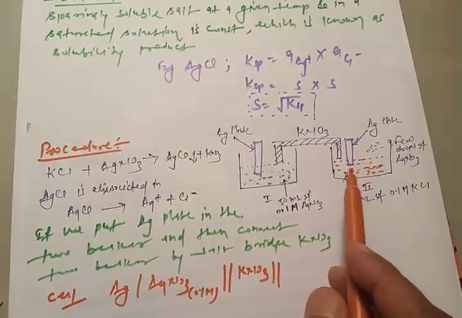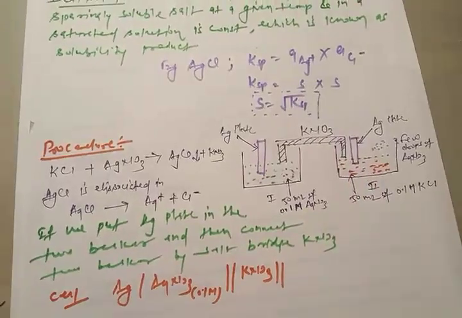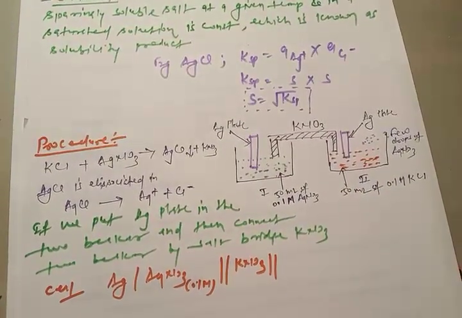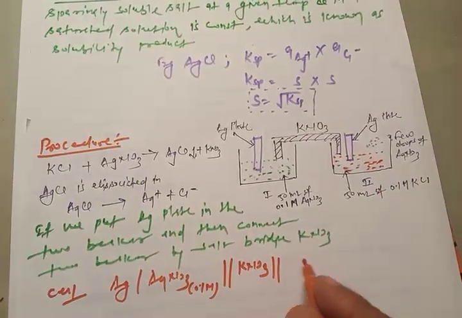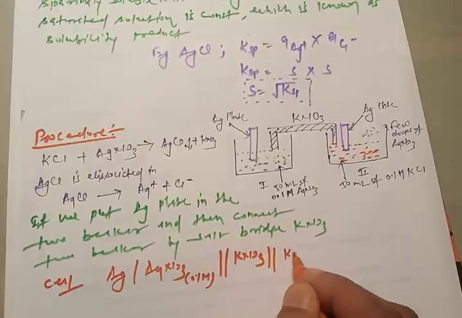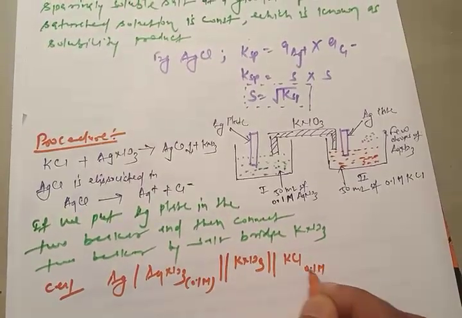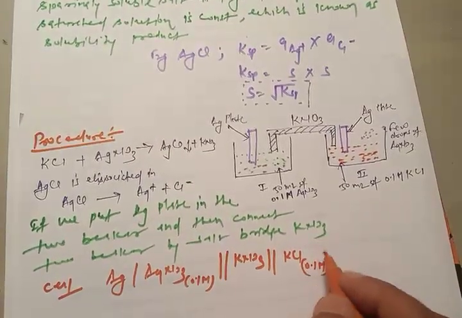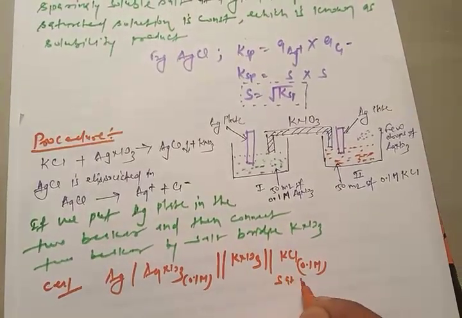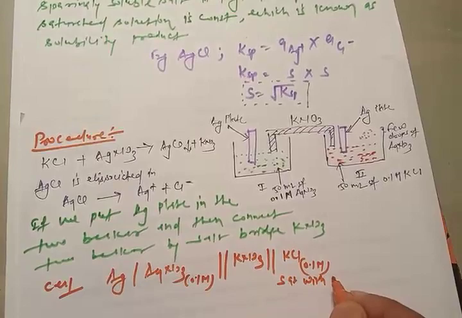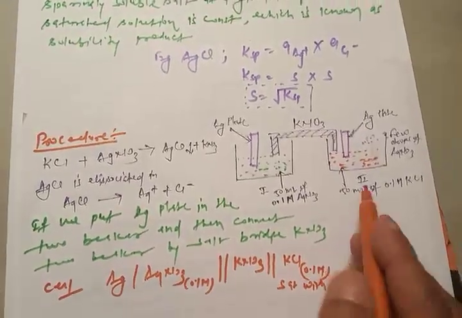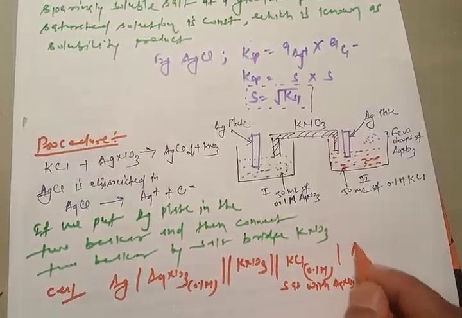And then this is connected with the 0.1 M KCl solution saturated with what? AgCl. So this is 0.1 M KCl, saturated with AgCl, and this is connected again to Ag.